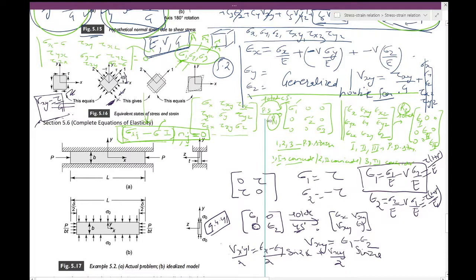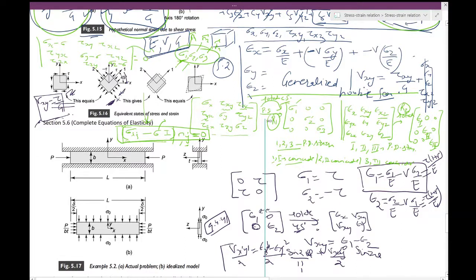The only difference is in this the x will be equal to 1, y will be equal to 2. So sine 2 theta will be equal to 1 because theta is 45 degrees, and gamma xy is equal to 0 because in the principal strain system the gamma 12 is equal to 0.